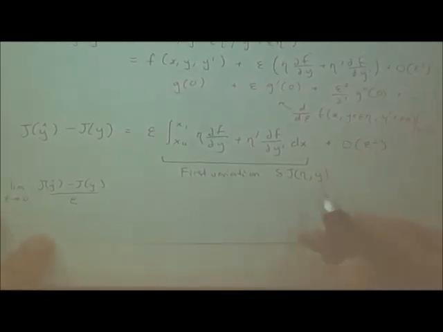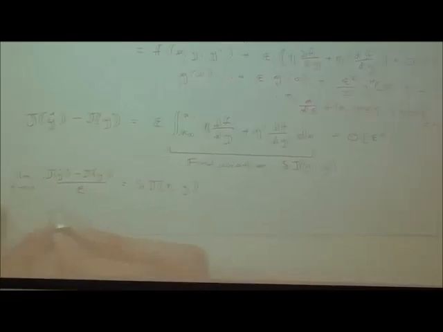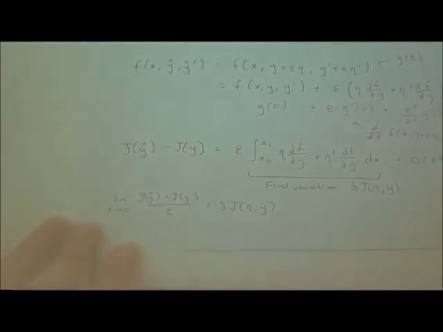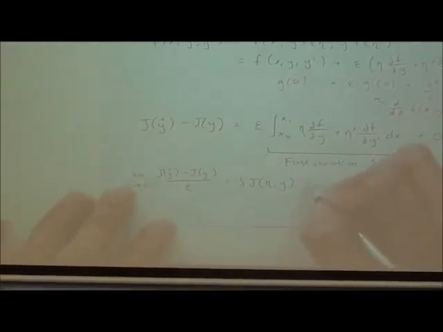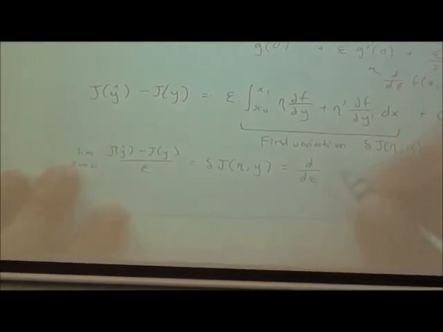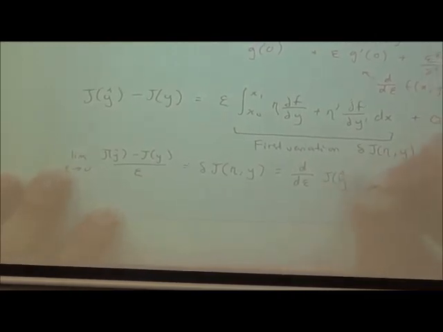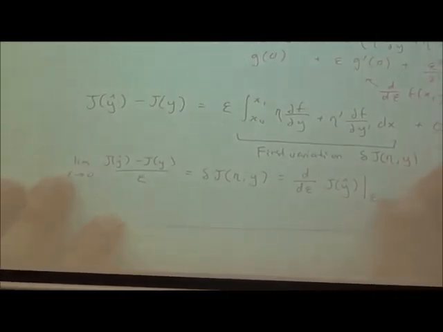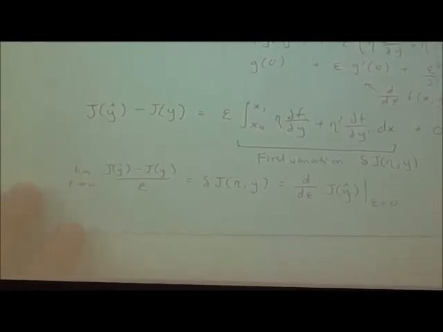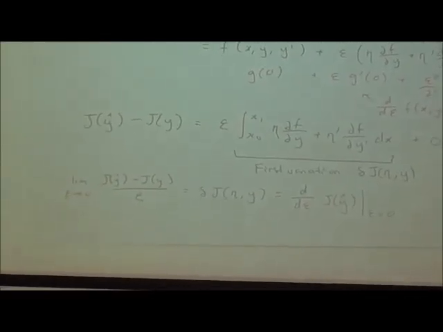And what you're left with is just the first variation. And of course, this here is actually a derivative taken with respect to epsilon. So the first variation is equal to the derivative of J of y hat with respect to epsilon evaluated at epsilon equals 0. So that's to gain some intuition about the first variation being a sort of first derivative.